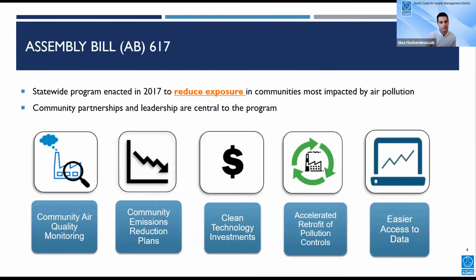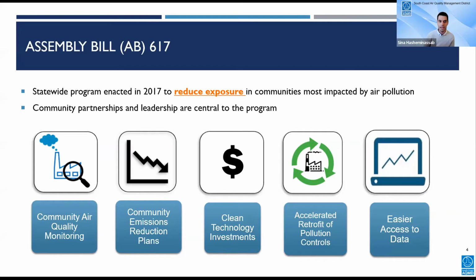So to address this issue, in 2017, the State of California enacted a statewide program known as Assembly Bill 617, or AB 617, to reduce exposure in communities most impacted by air pollution. There are 5 important components to this program, including community air quality monitoring, which is the focus of my presentation today.